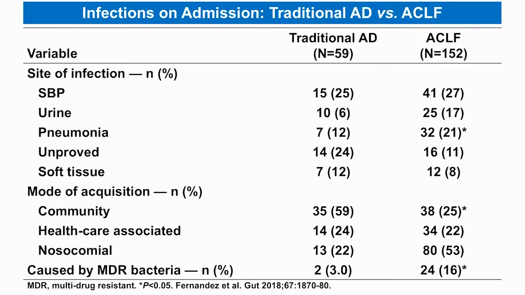And a large part of these infections were caused by MDR, multi-drug resistant bacteria. And I think that it is a very important result. Of course, you can say people who develop ACLF have a more severe underlying liver disease.